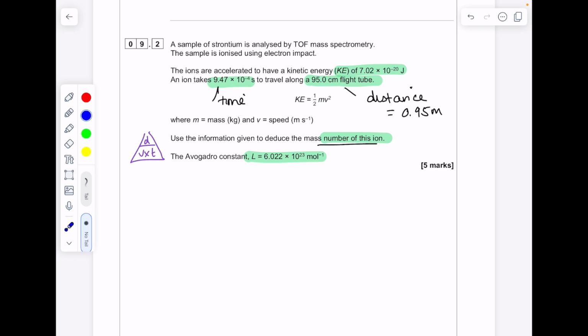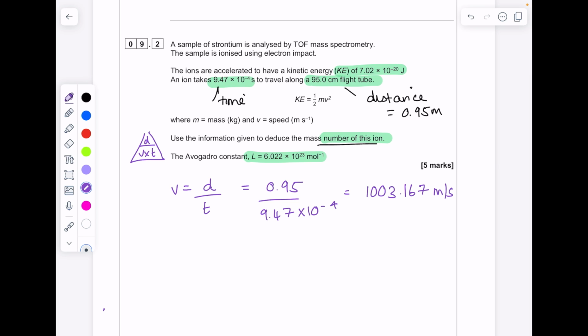That will enable us to find mass, and then we can unfold that mass using Avogadro's constant to find the final mass number of this ion. So the distance I've already changed to meters. So that's your number, meters per second.